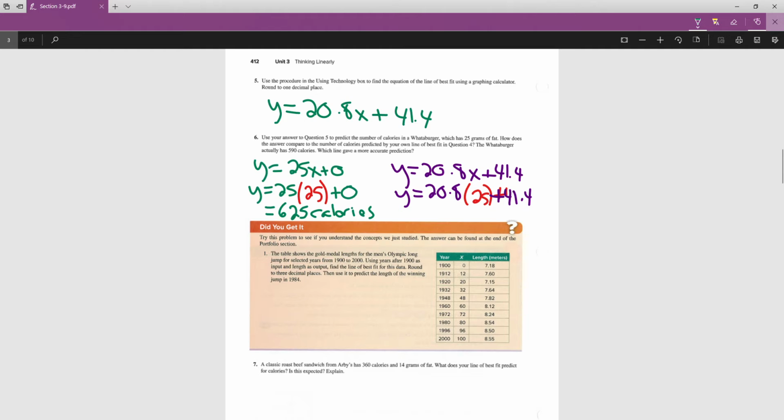The answer we get from the equation that we calculated was 561.4. Sorry, I wrote the wrong thing down. 0.4, calories.